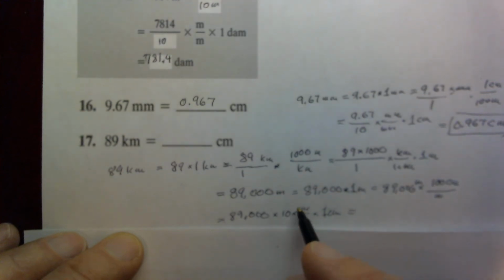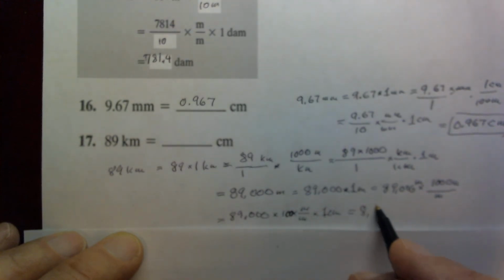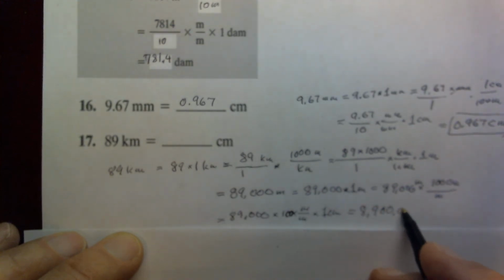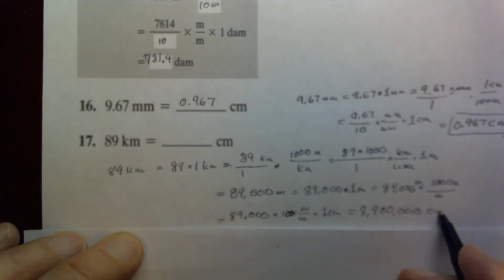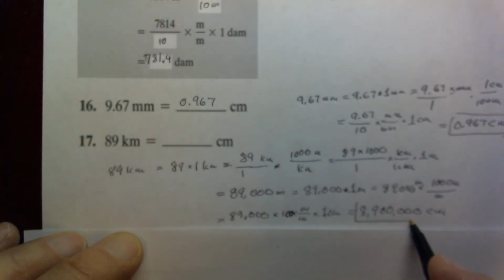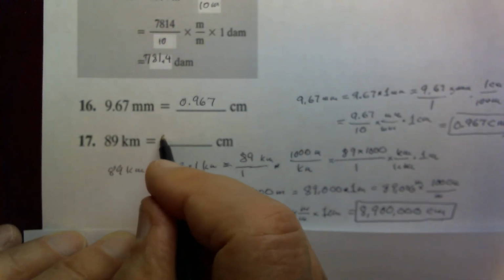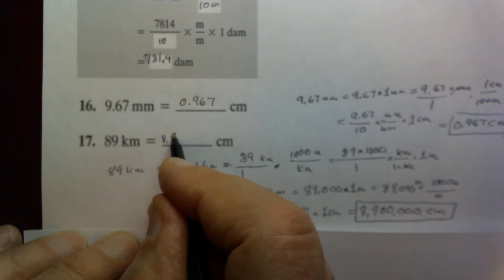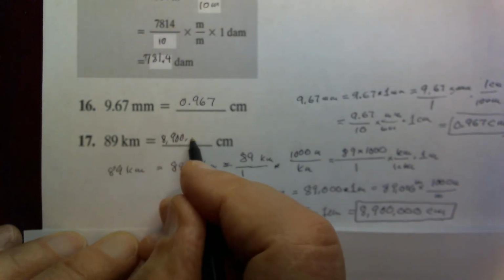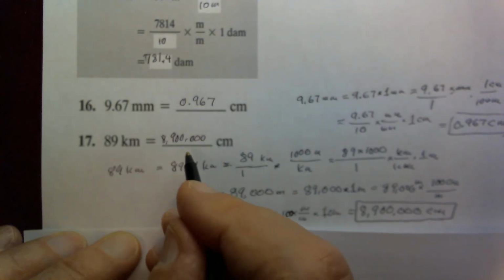And so the meters cancel out, and so we have 100 here. So that gives us 8,900,000 centimeters.